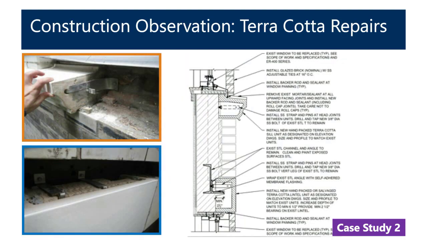So one of the aspects that we talked about a lot is the supplemental repairs and the detailing, and how does that work relative to the scope documents. So here on the left are images of the as-built condition. On the right is the scope document repair for this specific instance.